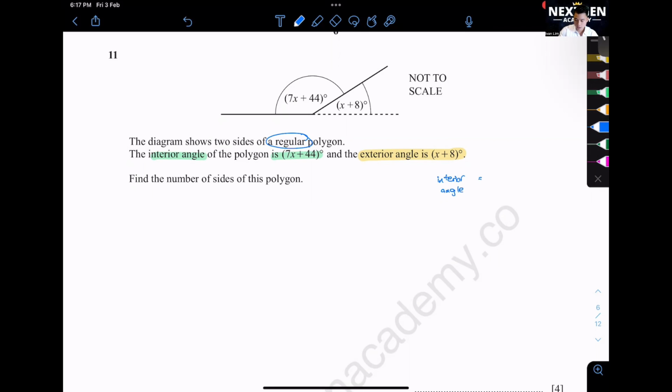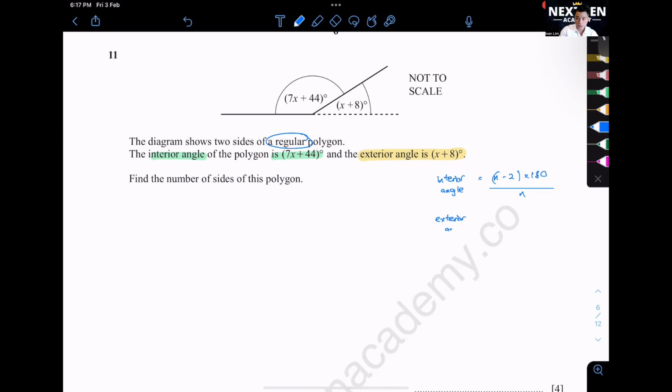Interior angle is n minus 2 times 180 over n. N minus 2 times 180 will be your total angle. You have to remember the total internal angle for any kind of polygon, whether it's regular or not. You divide by n because all your angles will be the same for a regular polygon. Okay, exterior angle.